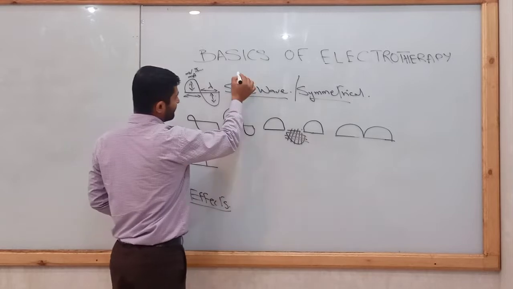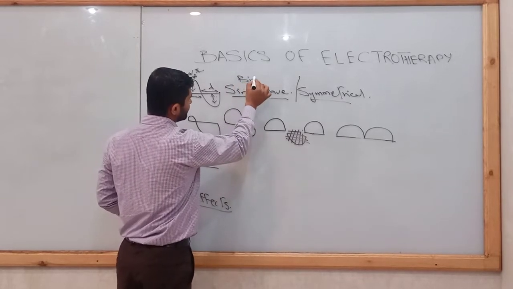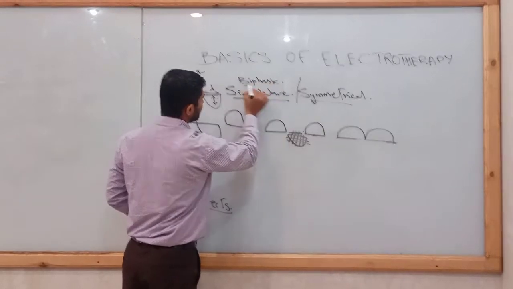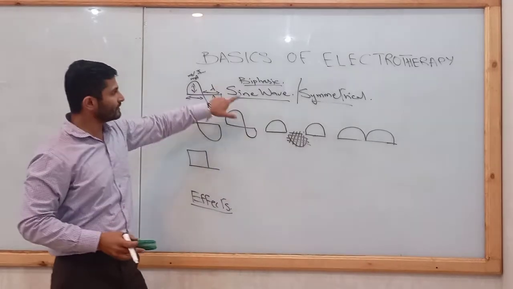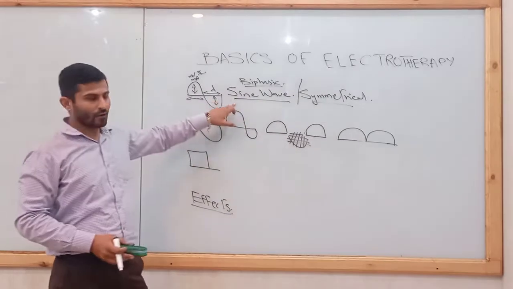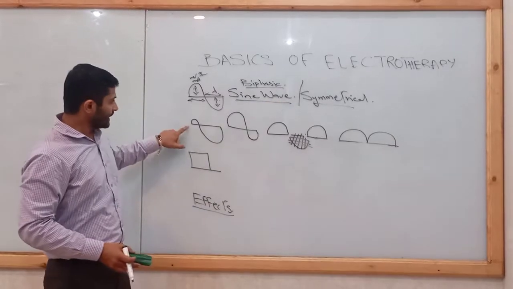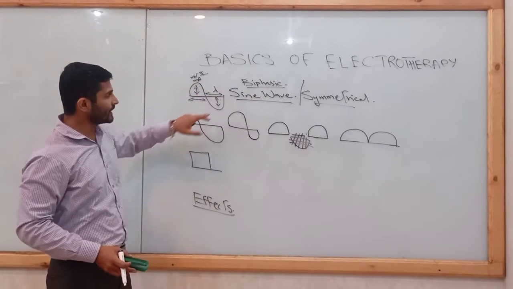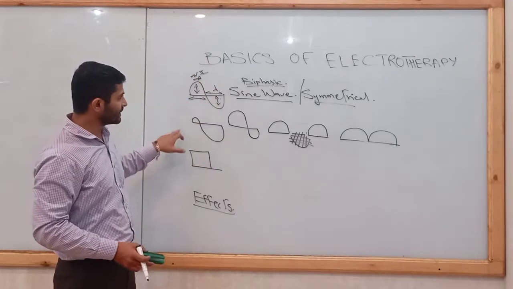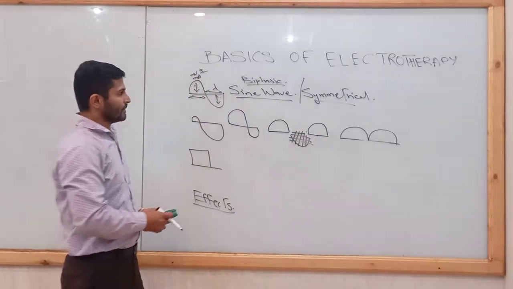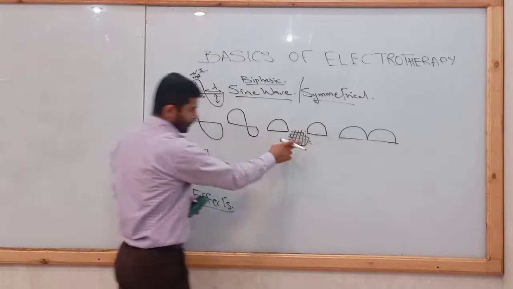So sine wave, biphasic, let's discuss the terminology. Biphasic symmetrical sine wave, or alternating sine wave which is symmetrical. Again, this is asymmetrical alternating sine wave, or biphasic asymmetrical sine wave. This is monophasic.